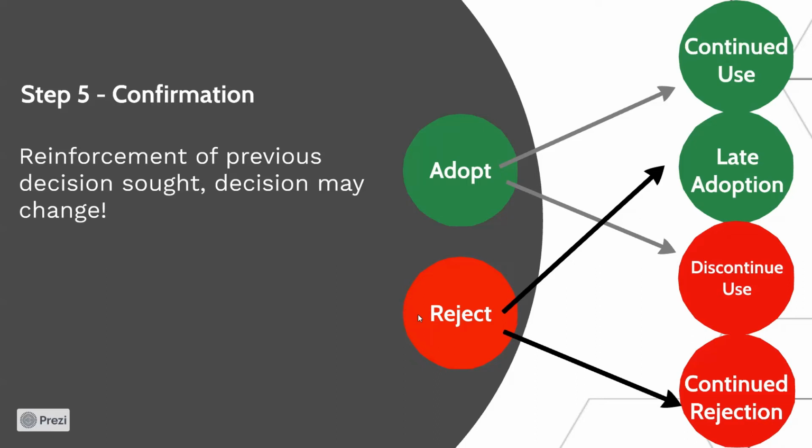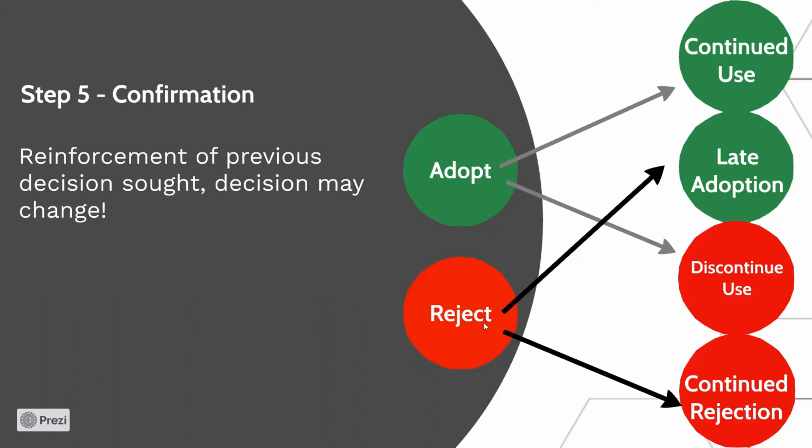Next, if we had initially chosen to reject the innovation in decision step 3, the action step, we have two options as well. We may be able to reconsider and be a late adopter. In other words, we initially chose not to adopt the innovation, but we've decided upon further evaluation that we're going to implement that innovation after all.